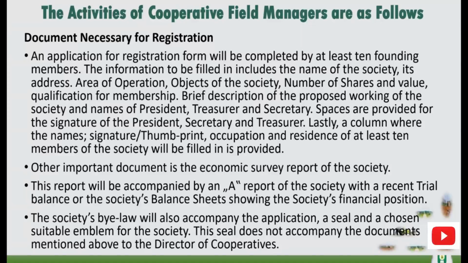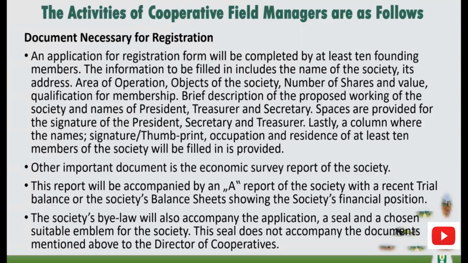Spaces are provided for the signatures of the president, secretary, and the treasurer. Lastly, a column where the names, signatures, thumbprints, occupation, and residence of at least 10 members of the society will be filled in is provided.